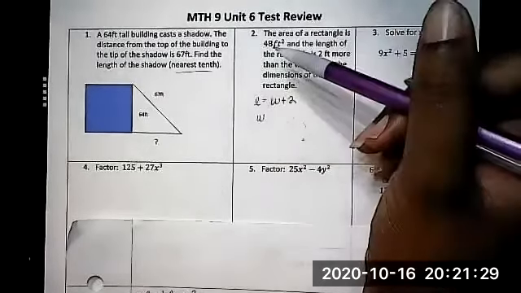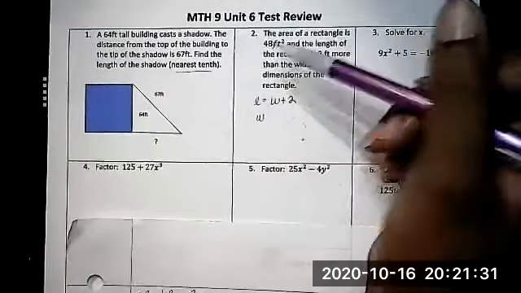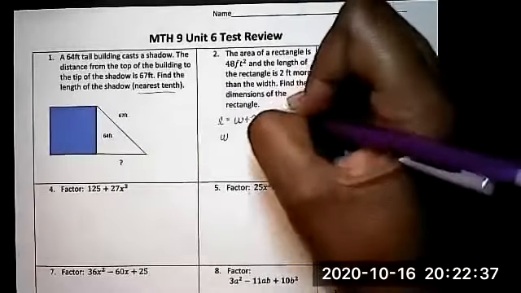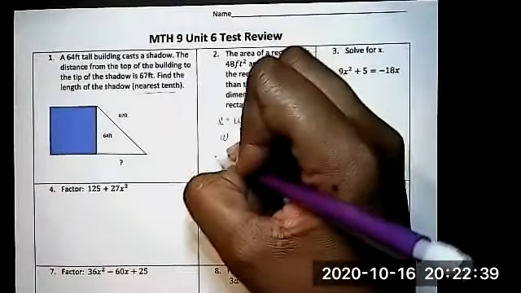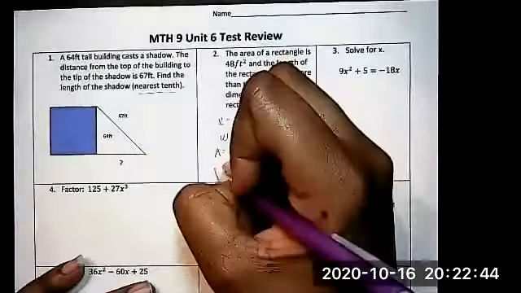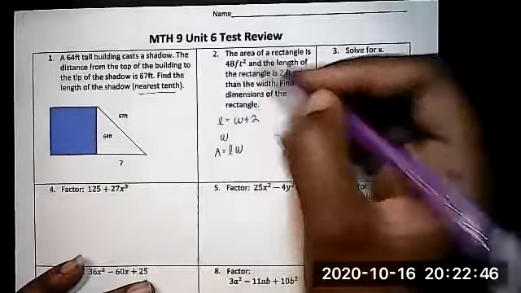You do need to know the formula for the area of a rectangle. That's definitely important. So the area of a rectangle is length times width. In this situation, our area is actually 48.